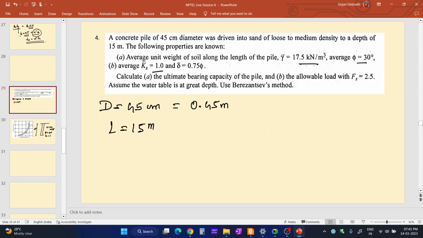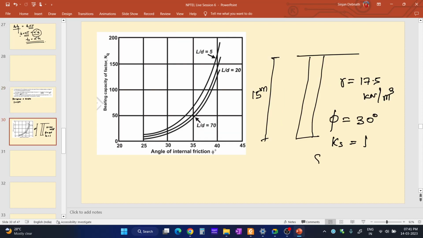And delta is equal to 0.75 of phi. So 0.75 into 30 degrees, which is equal to 22.5 degrees.